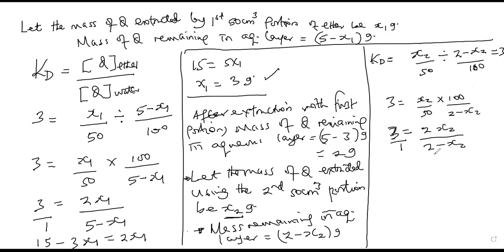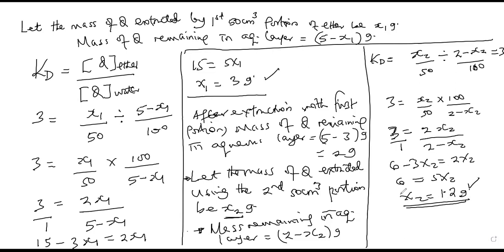When you cross multiply, it will become 6 minus 3x2 is equal to 2x2. So 6 is equal to 5x2, and our x2 is going to be equal to 1.2 grams, when you divide 6 by 5. Now, the first portion gave us 3. The second portion gave us 1.2.